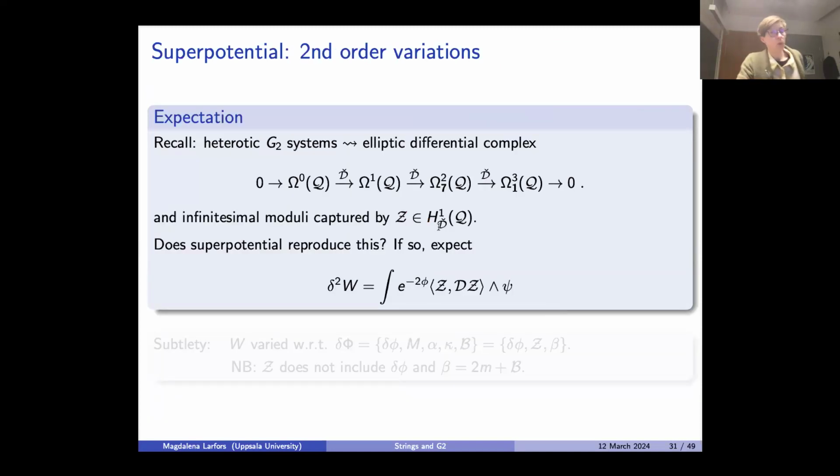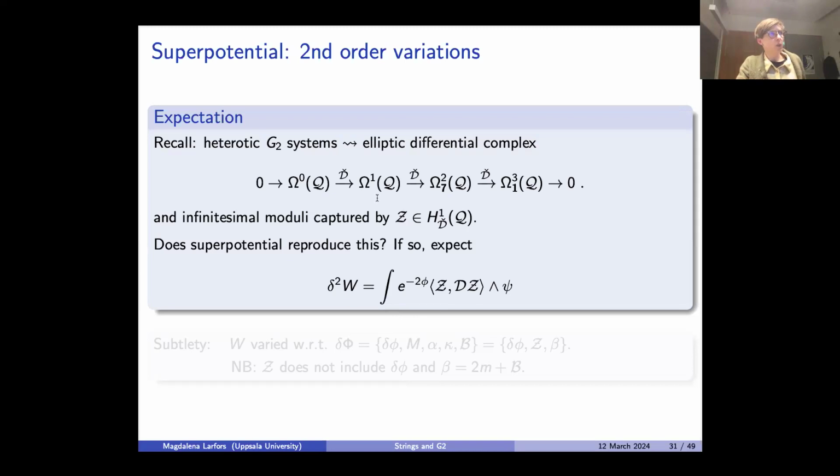So then we want to go to the second order variations, and we want to see that the superpotential reproduces this elliptic differential complex and the counting of the infinitesimal moduli, where the infinitesimal moduli were these Q bundle valued forms that were closed, so D-check closed, but not D-check exact.